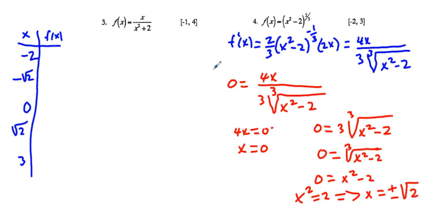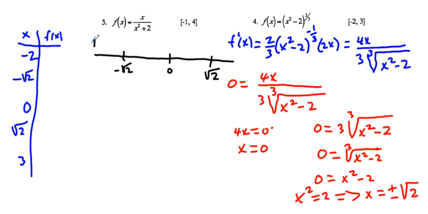All right, I'm going to now, I should really do this. Okay, we're going to try the candidates. We have negative square root of 2, 0, and square root of 2.